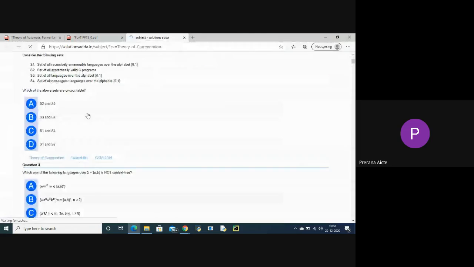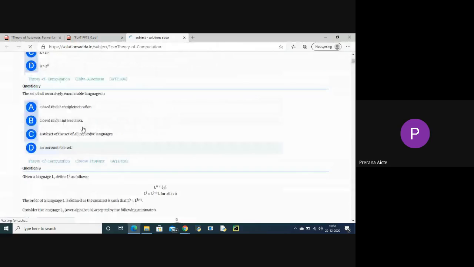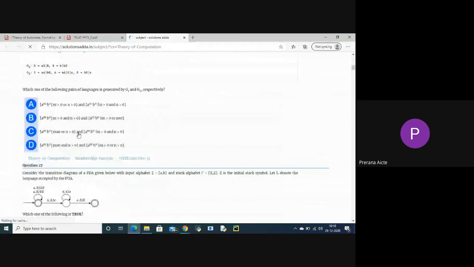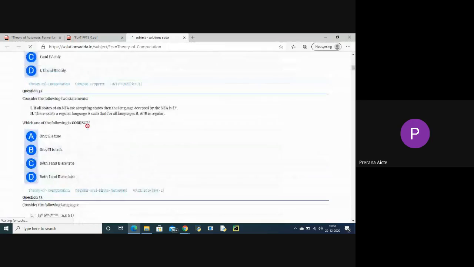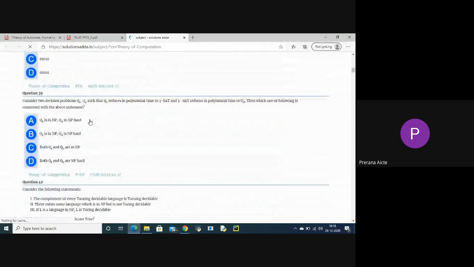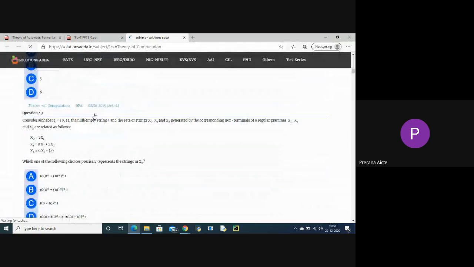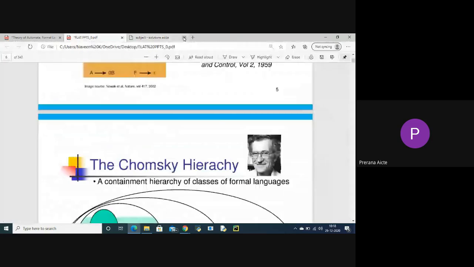So here we have objective questions. You need to solve them, and it is better to practice all the questions here. These two are very important websites for your GATE examinations.